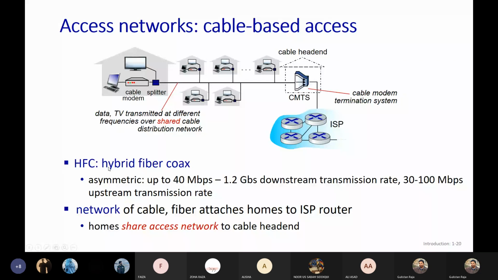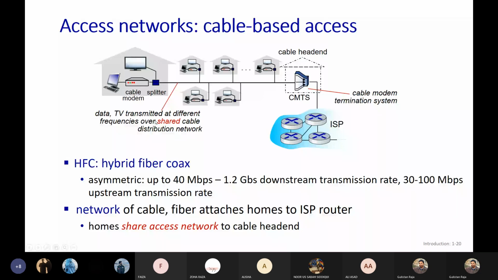From the ISP to near the residential area, you are using a fiber like this. This is a fiber. And this CMTS is a cable modem termination system. Here fiber is connected to the coaxial cable, and from here onwards, coaxial cable is used to distribute the audio, video, and data, etc.